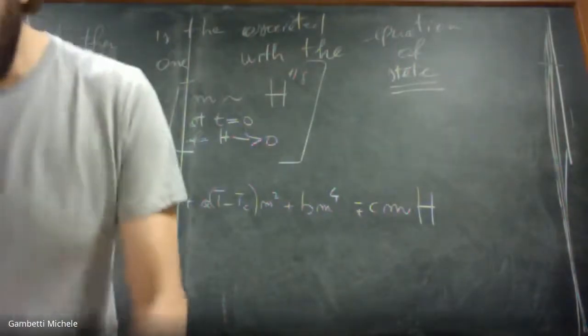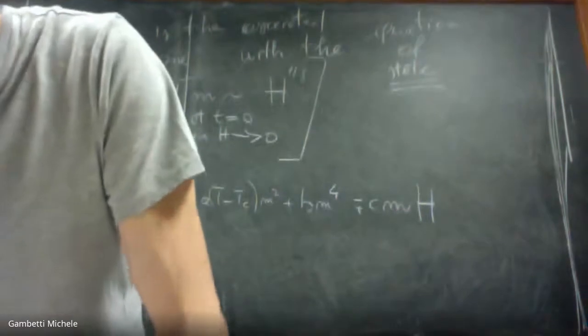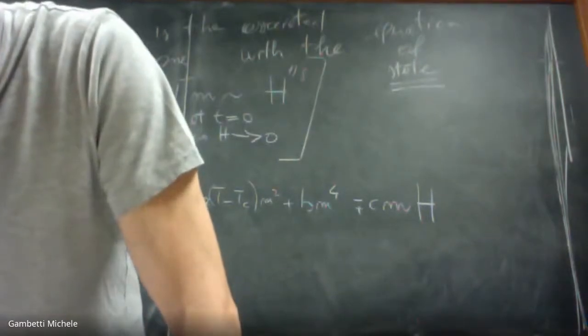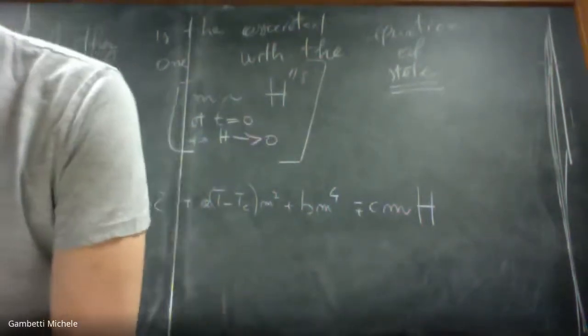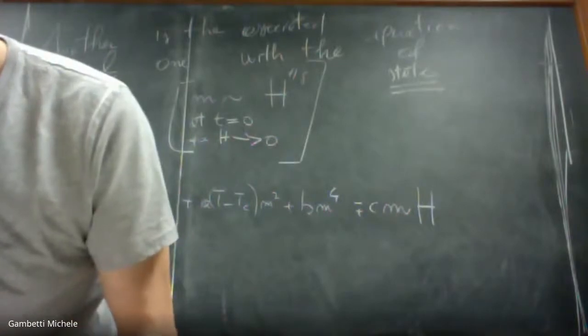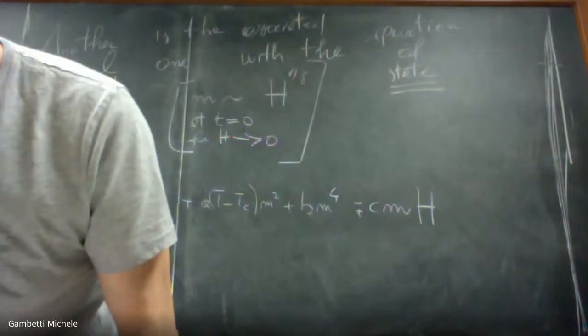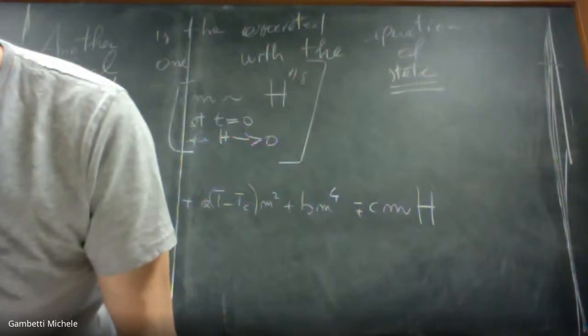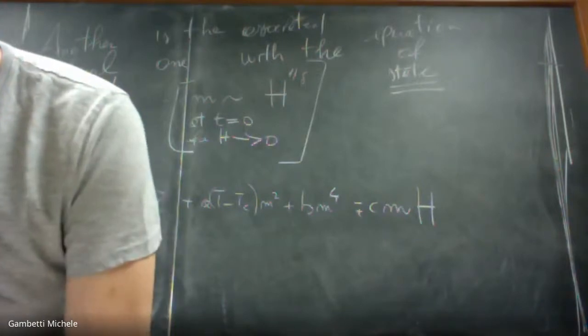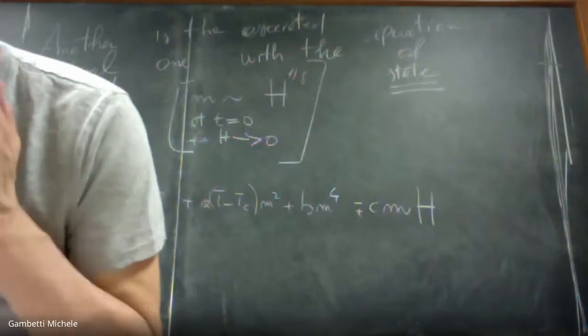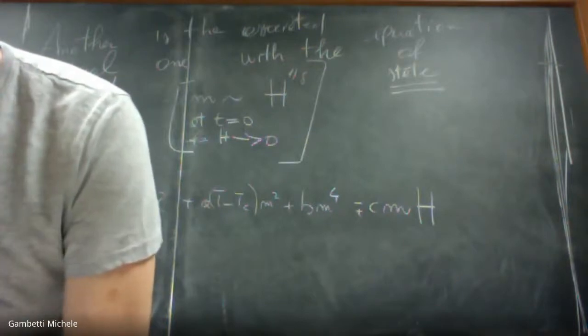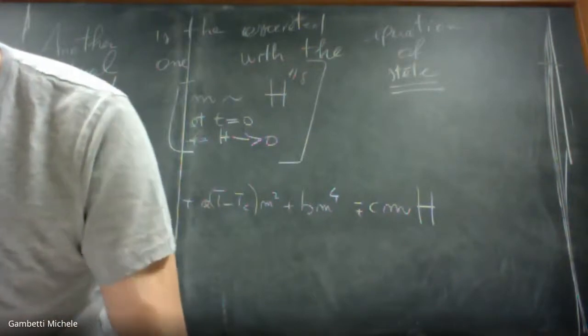Let's see a moment. The H comes from the fact that, because I'm computing the derivative of this with respect to m, I should have an H there.